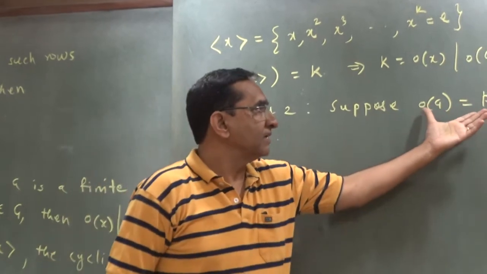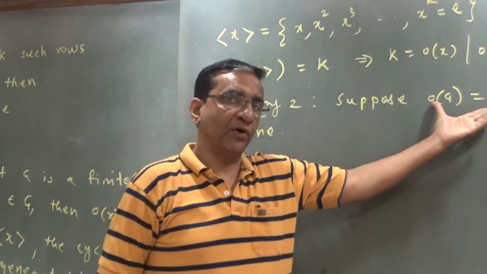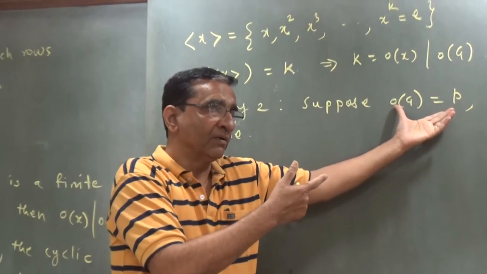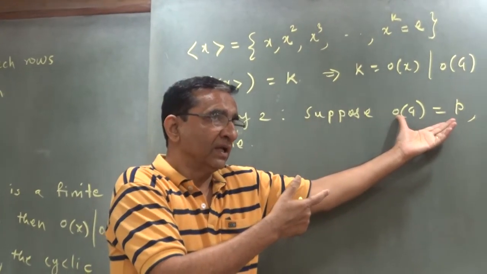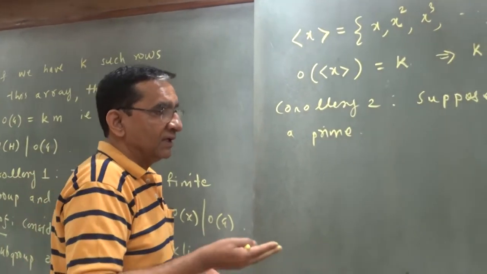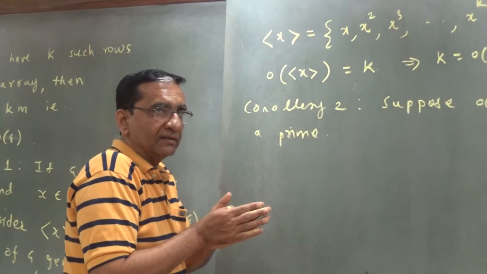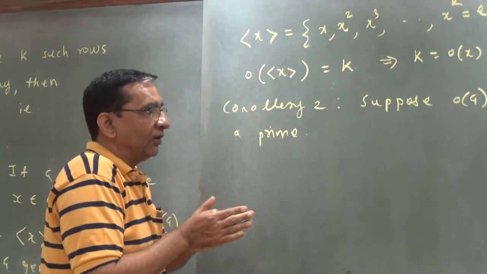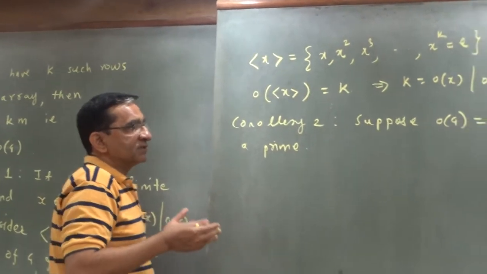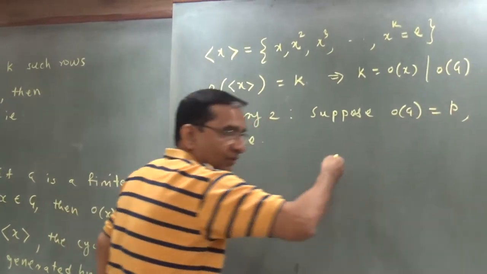The order of any subgroup divides the order of the group, so what could the subgroups of G be? The only subgroups of G are the singleton identity element, a subgroup of order 1, or the whole group G, a subgroup of order P, because the only divisors of P are 1 and P.